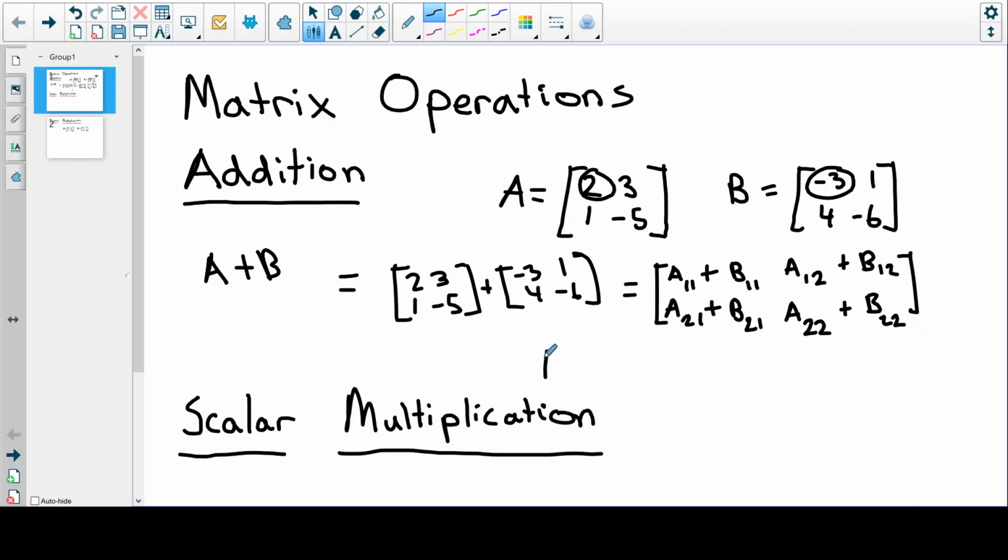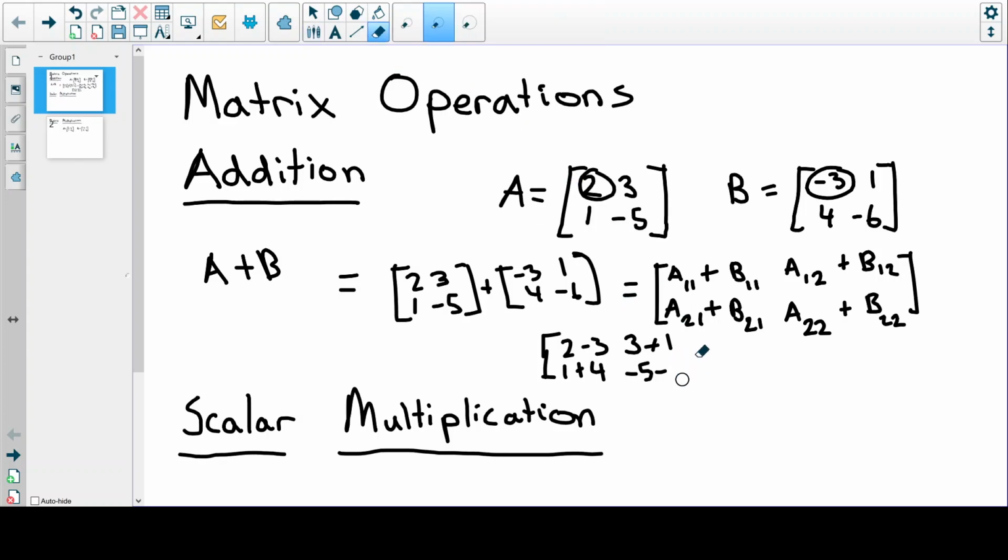And so if you actually do it out, you end up with 2 minus 3, 1 plus 4, then you get 3 plus 1, and minus 5, minus 6.